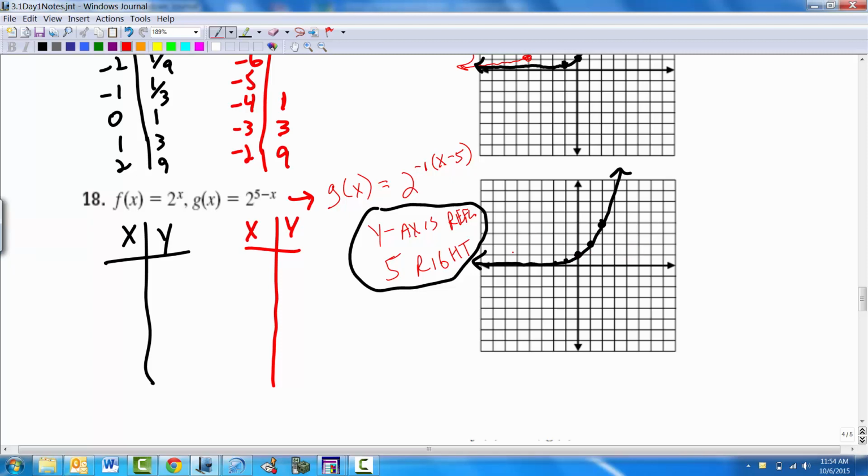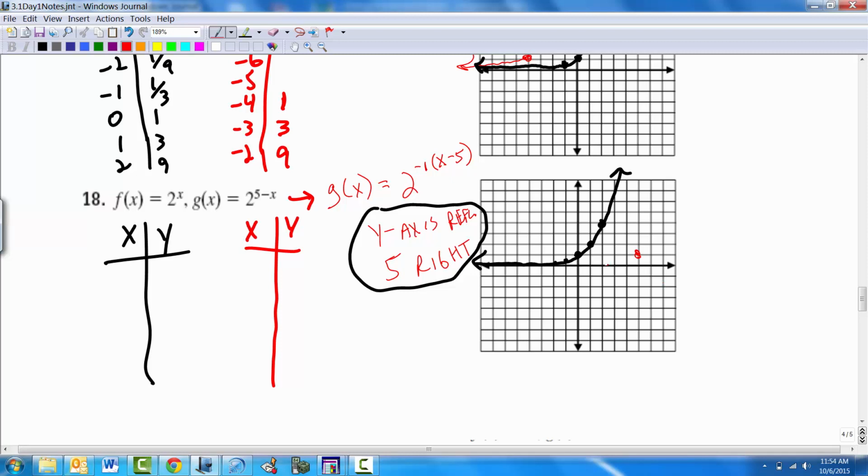Then reflect. I'm over here for that point, right? Let's y-axis reflect, and then let's move 5 right: 2, 3, 4, 5. Isn't that a completely different spot? So if there's a difference, there's only one right way. You know how you figure it out?